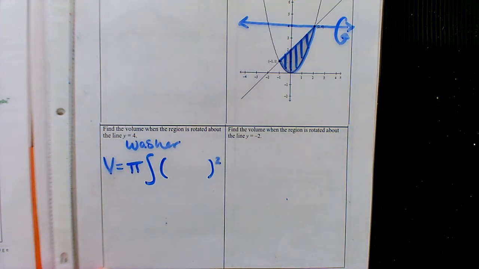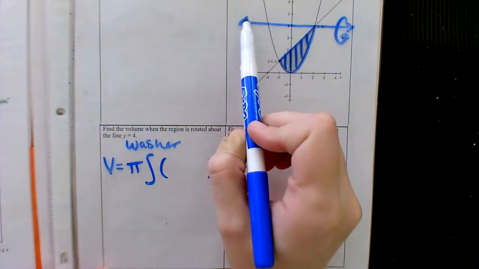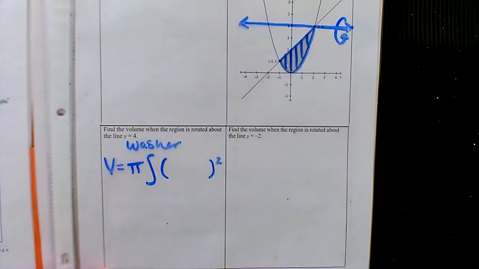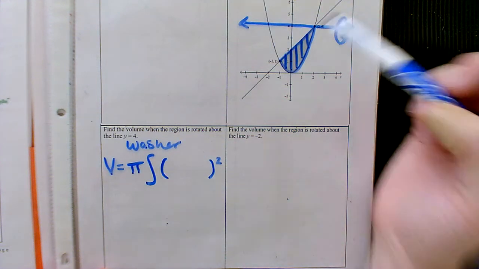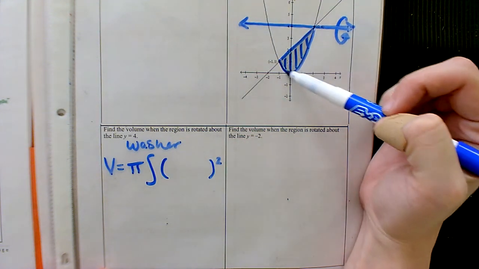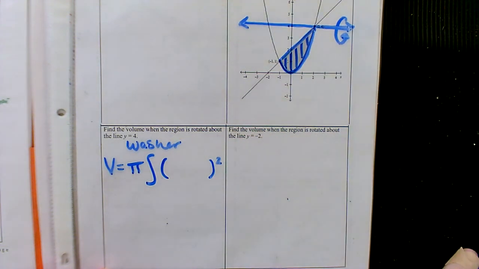We need to figure out the outer function, the function that is furthest away from the axis of rotation. So between the line and the parabola, which one is the furthest away? Are we thinking the parabola?